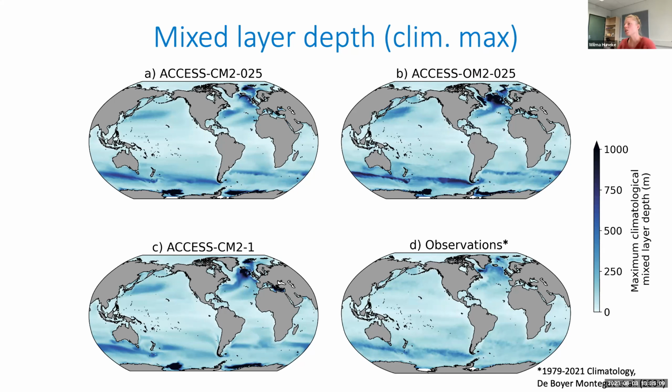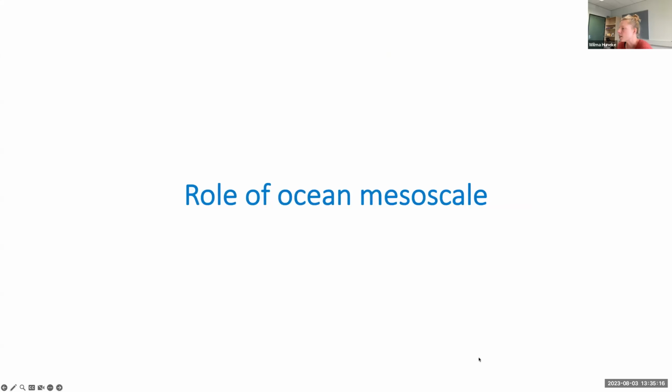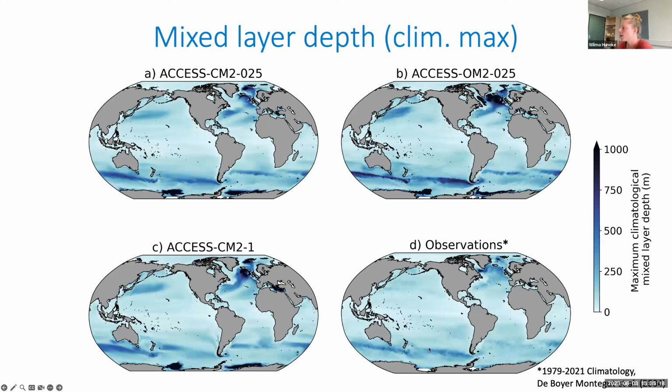So the main issue that we have with the models is, if you look at the observations on the bottom right, you can see deep mixed layers in the Southern Ocean, and then near the continental shelf, and then in the Northern Hemisphere, mostly in the North Atlantic, in the Labrador Sea, and here the Northern Seas.